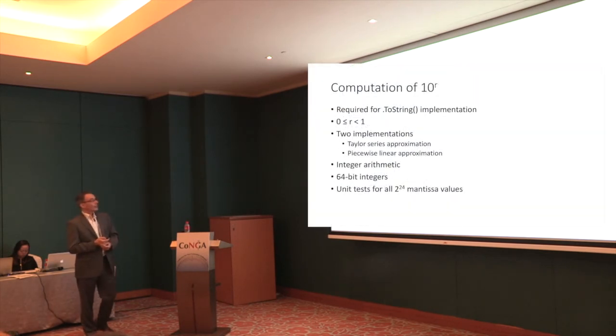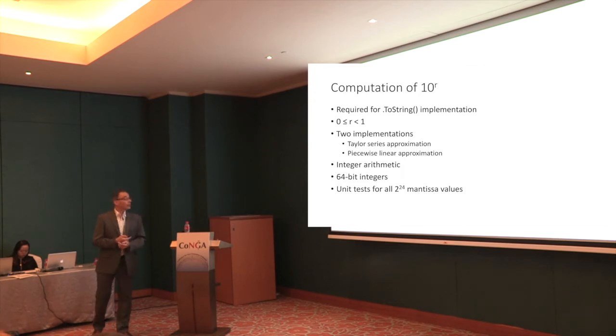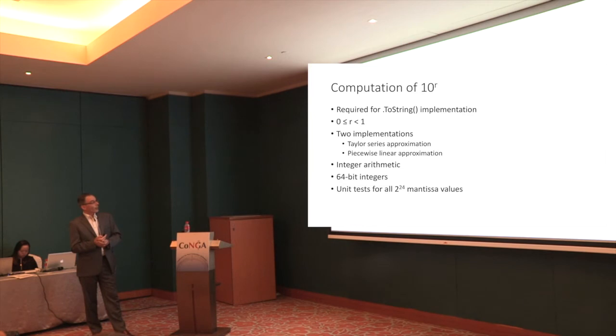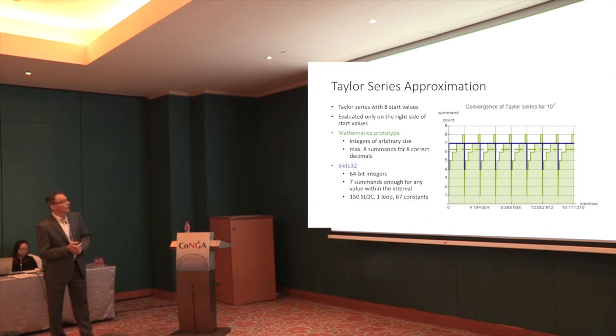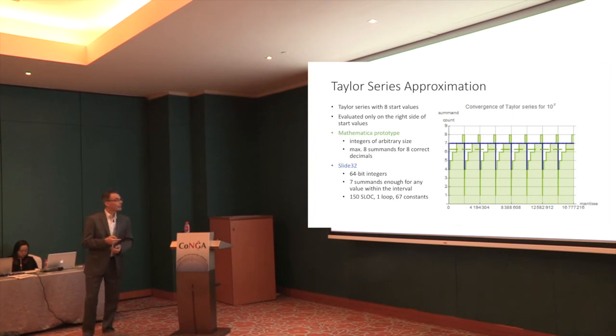So the ToString method requires computing 10 to the power of r. And there are two implementations compared here. One uses a Taylor series approximation, and one uses a piecewise linear approximation. For the Taylor series approximation, I show a mathematical prototype that actually uses arbitrary size integers.